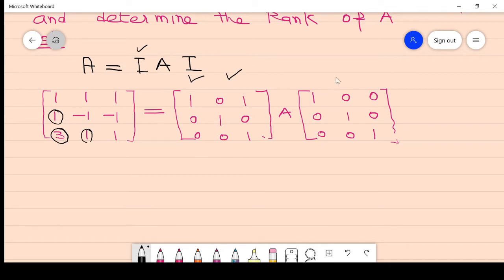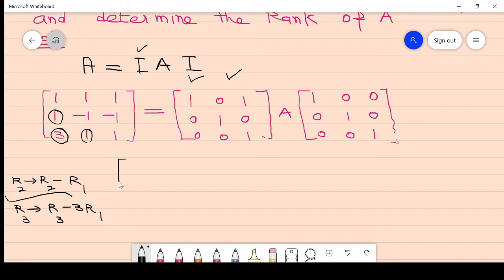It does not affect this matrix, it only affects this matrix. For example, now we apply this operation R2, which is R2 minus R1 as the first operation, and R3, that is R3 minus 3R1.